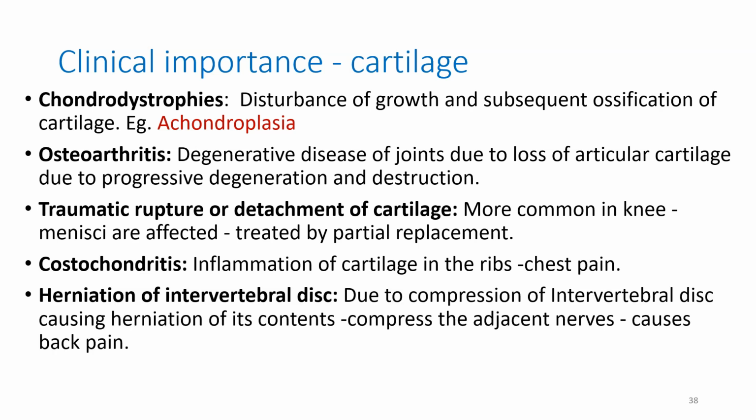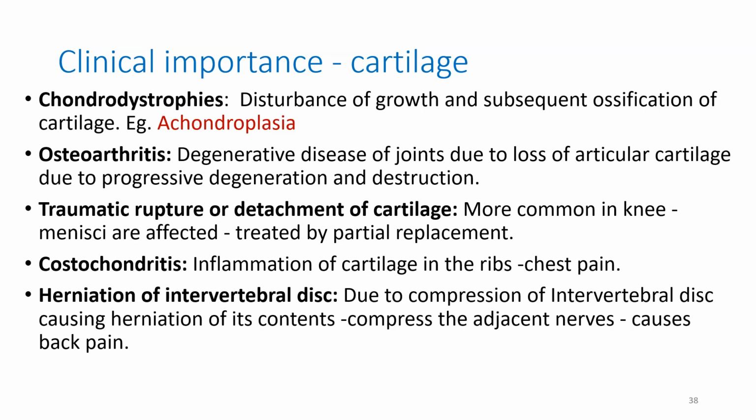Then herniation of the intervertebral disc. You know the intervertebral disc contains white fibrocartilage and it is seen as the annulus fibrosus. Because of the compression of the intervertebral discs, it can result in herniation of its contents.